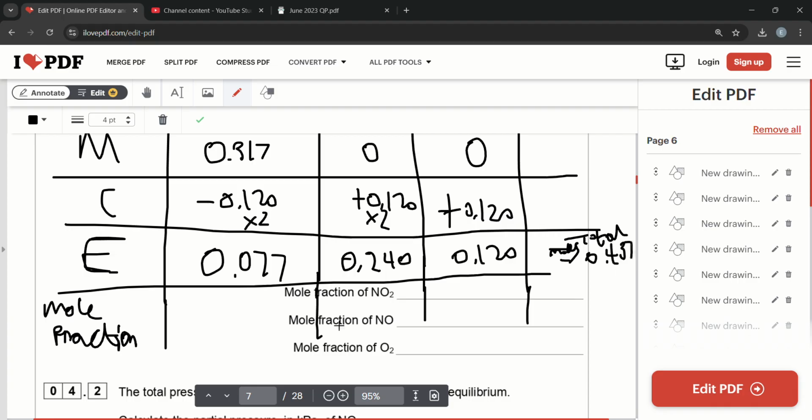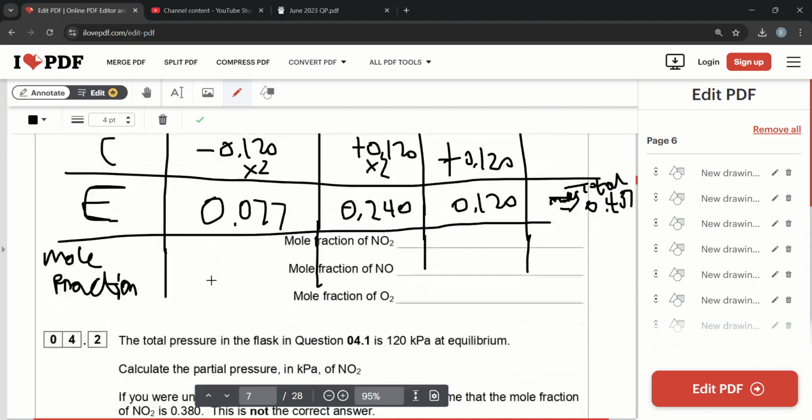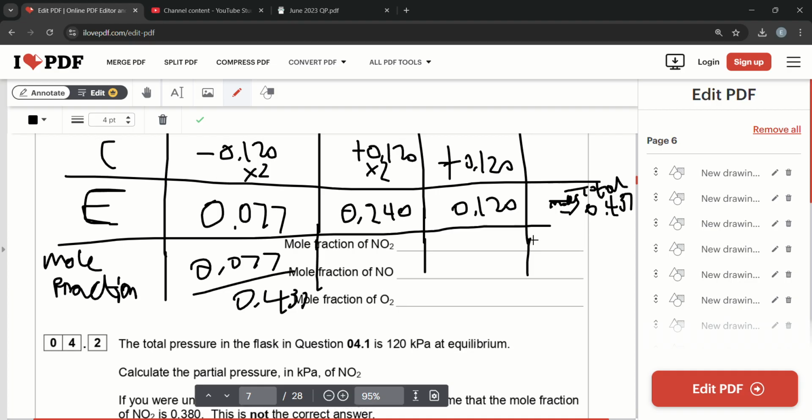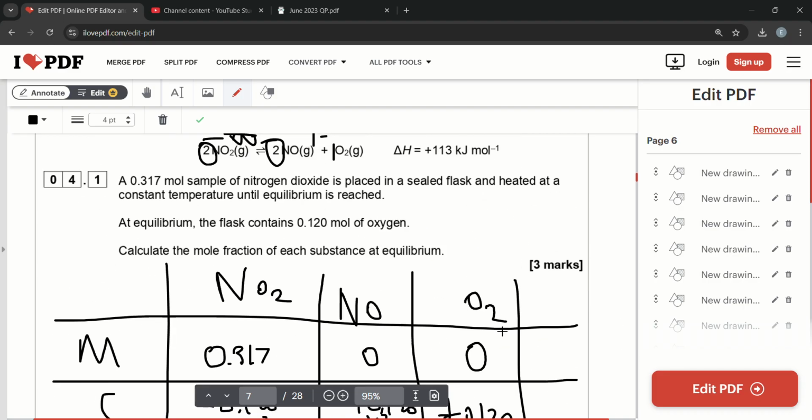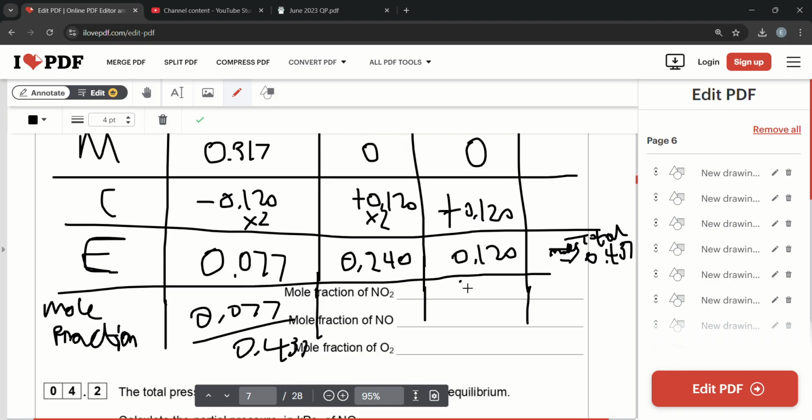Therefore, mole fraction of NO2 is going to be 0.077 over 0.437, 77 over 437, which is 0.176. Yeah, 0.176.